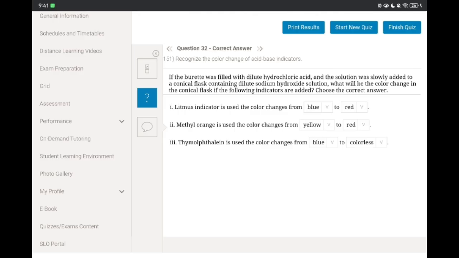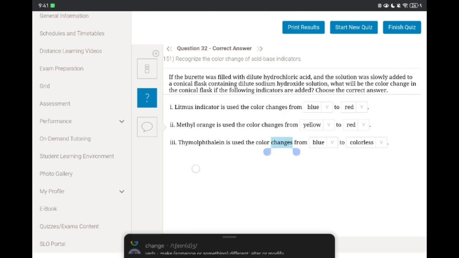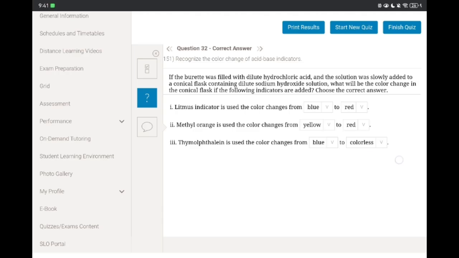That means when you add the indicator to the beaker, it's going to start out with its basic colors, not with its acidic ones. So litmus is blue in base. Methyl orange is yellow in base. And again, phthalein, see it's colorless in acid, but that's not important. Thymolphthalein is blue in base.